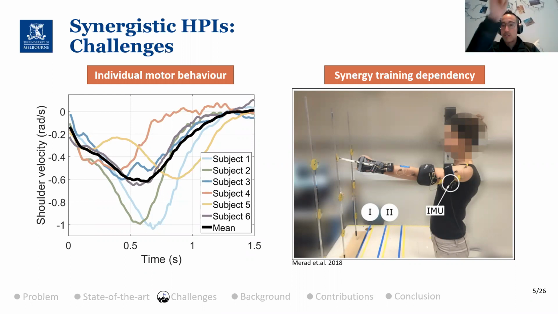So if you're reaching for a bunch of different targets and you're starting from the same position, whenever you want to do your estimations, you're limited to that task space. If you wanted to have multiple tasks, like reaching sideways and all these sorts of things, then you would need to train different interfaces for each task.